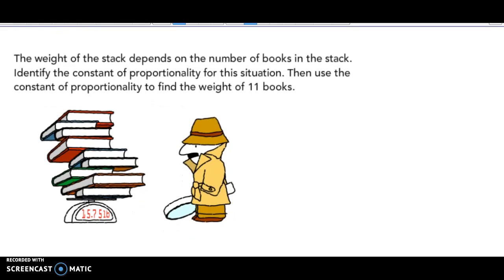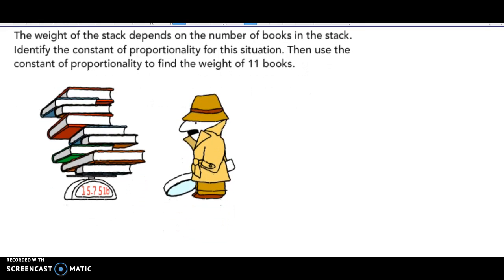So here is a problem for us to solve regarding the constant of proportionality. If the weight of this stack of books depends on the number of books in the stack, then I know two variables. I'm going to look at the weight compared to the number of books.